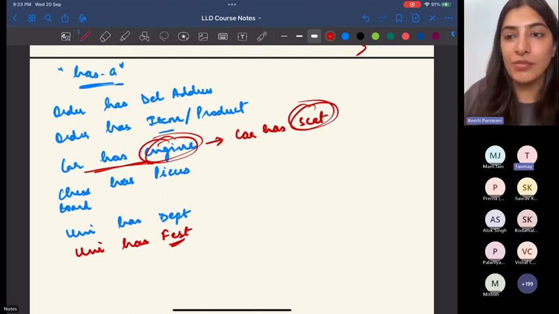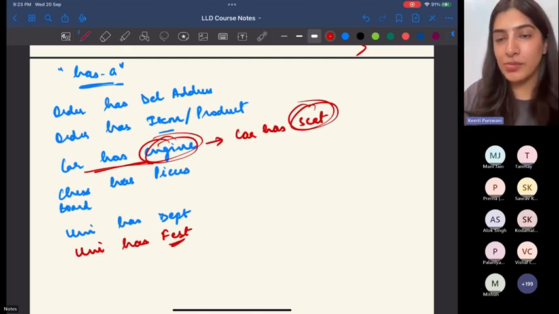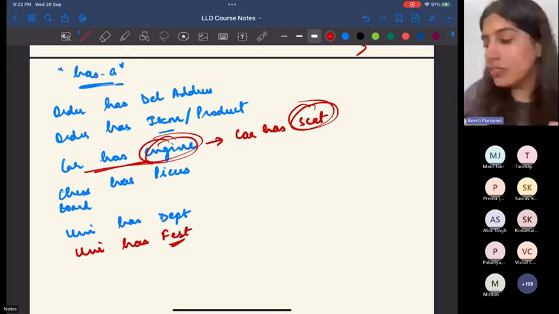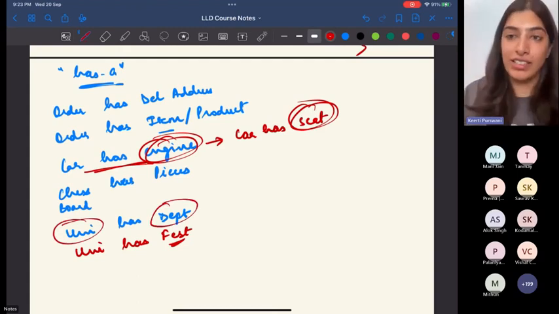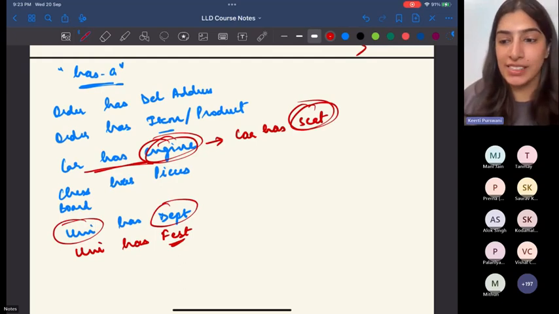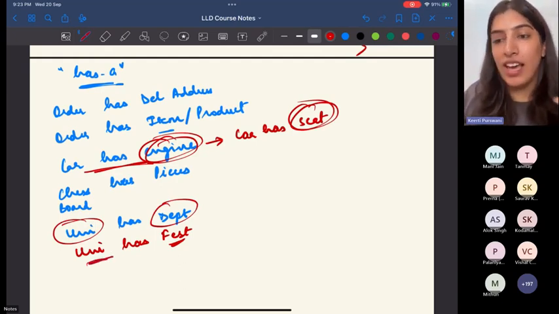Very good, very good. So I can see that most of you are able to think about it. Let me explain for those who are wondering what is happening over here. See, the point is that university has to have department. Every university, no matter how bad the university is, it is going to have departments, right? But will every university have a fest? Not necessary.